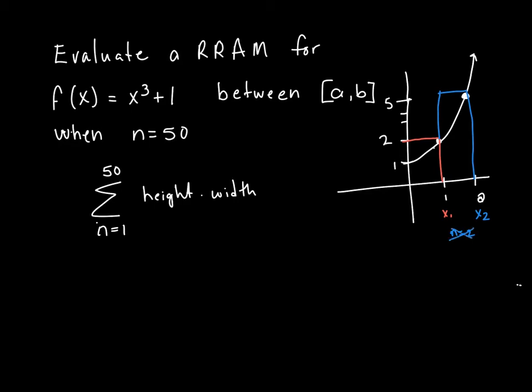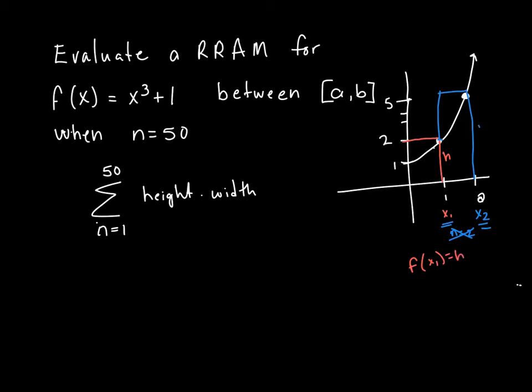But the idea here is that we are using the endpoints of each of the intervals for x to be the values that we plug in to find the height. So the height of this first red rectangle, that height h, is going to be f of x1.